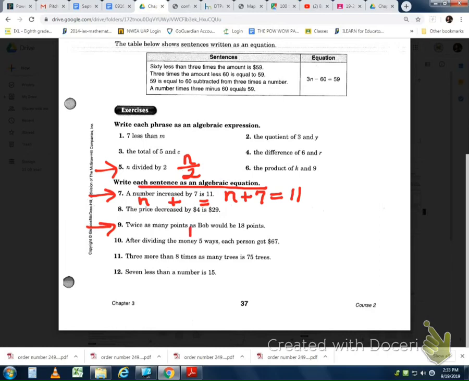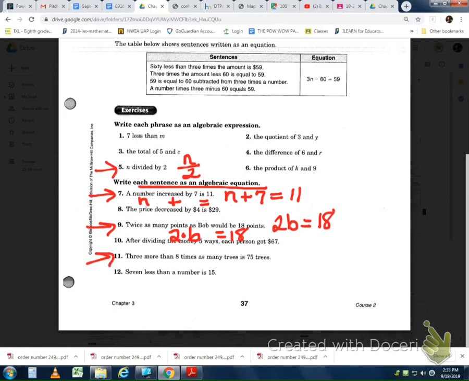B for Bob. What's twice mean? Times 2. So 2 times Bob. What do you think would be is? Well, what symbol would I use for would be? Equals and then 18. So 2b equals 18.